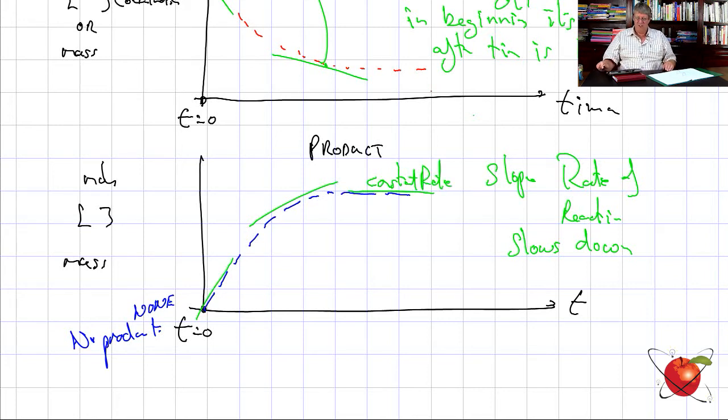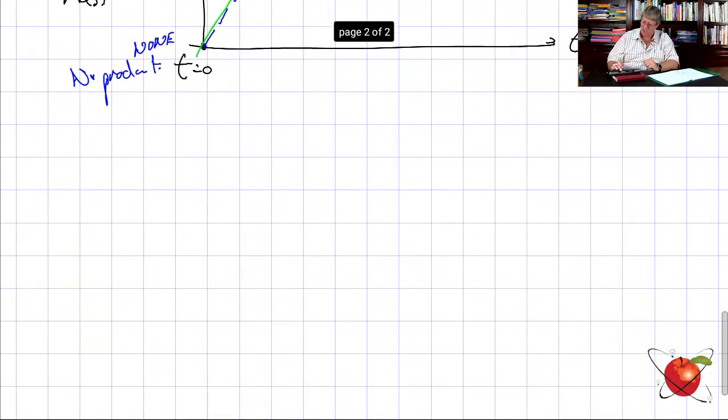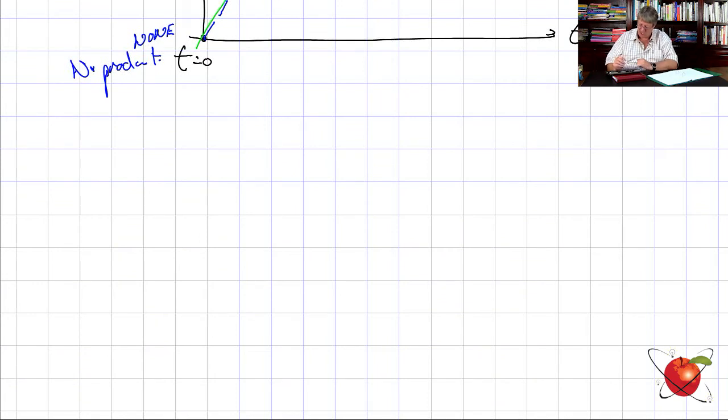When it gets there, it's flat actually, but it's not changing anymore, and it doesn't change any further. So what you've got is a reaction where we start off fast, we generate product fast, and we lose reactant fast.